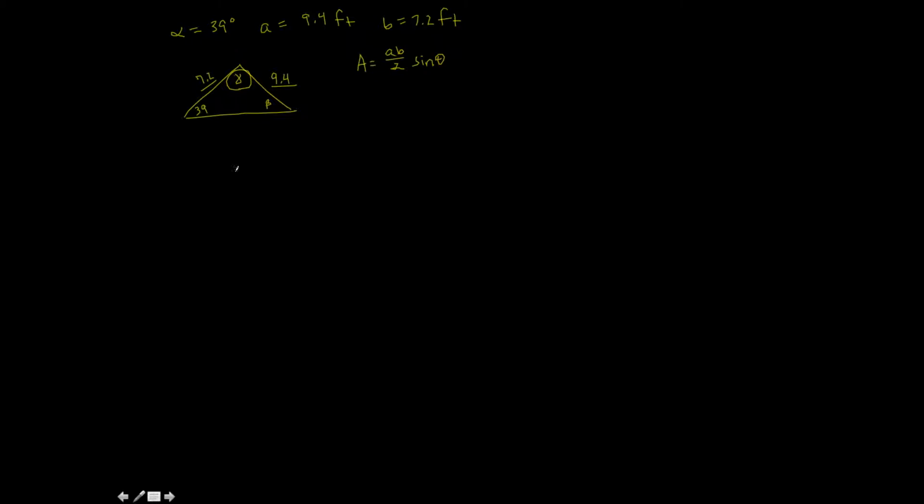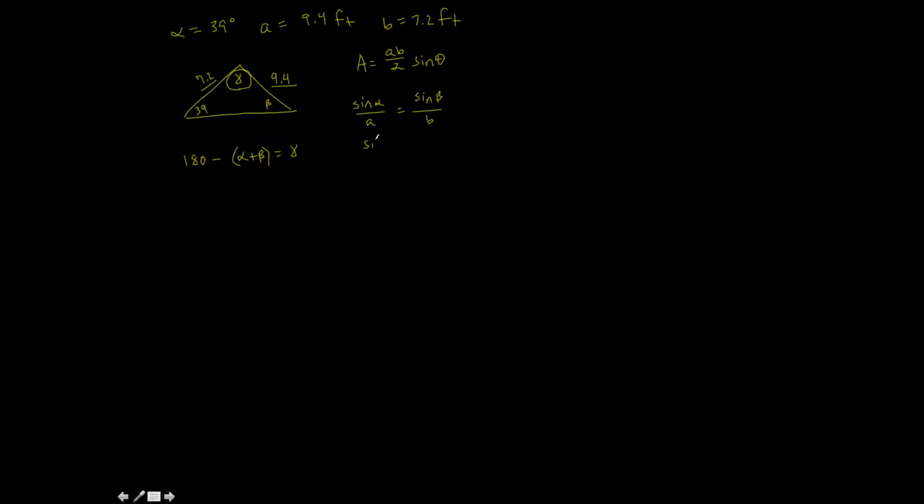Well, we can find gamma because we have alpha, we have A and B, so I could actually use my law of sines here, and I could find beta. Now, I know what you're thinking. Mr. Francis, you said gamma. Well, why am I finding beta first? I'm finding beta first so I can say 180 minus alpha plus beta, because that's actually going to give me our angle gamma. So that's why I'm trying to solve beta first.